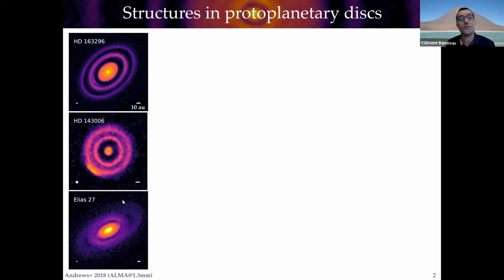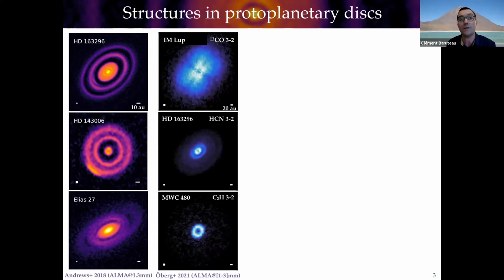This is true for the dust, but this is also true for the gas. I'm showing you here just a few examples taken from a large survey in gas observation, again obtained with ALMA. This shows again a diversity of structures. For instance, for this IM Lup disk, you see what looks like a four-lobed structure, with some tiny dips in the emission along the disk's minor and major axes.